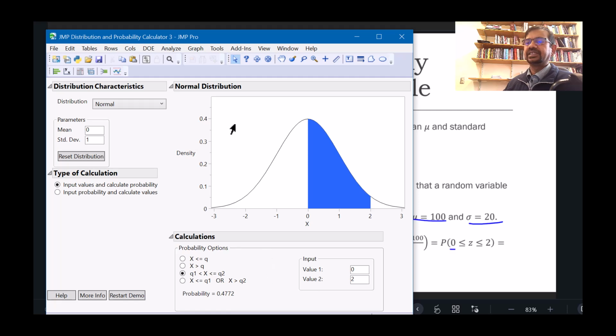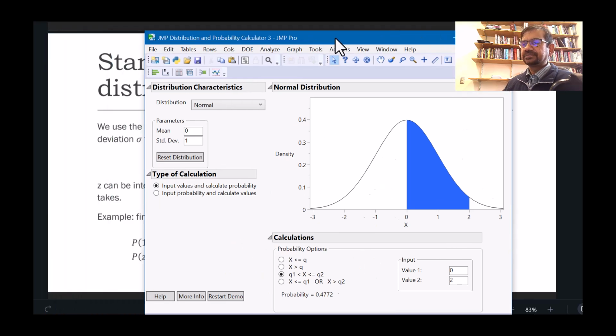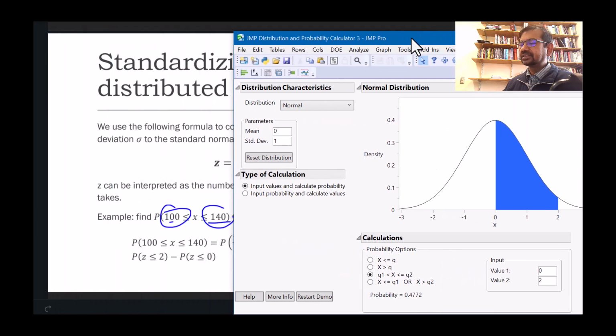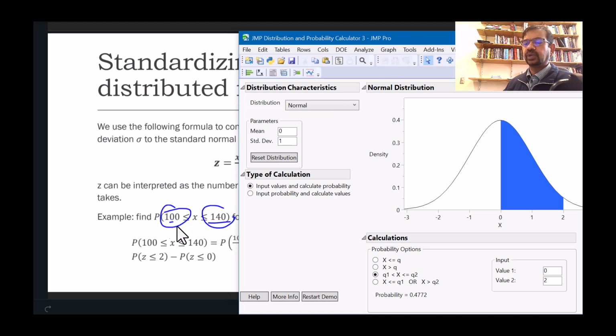So the probability that our variable x takes a value between 100 and 140 is the same as the standardized version of it taking a value between 0 and 2, which in our case is given by 0.477. So again, standardizing any normal variable to the z-score helps us easily calculate these values.